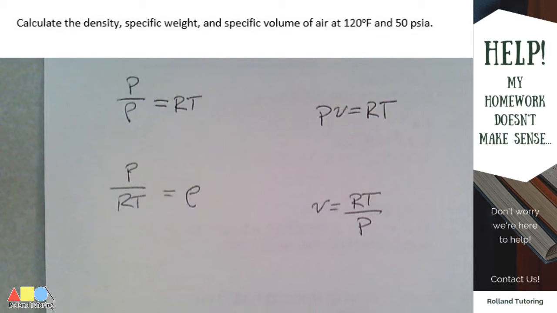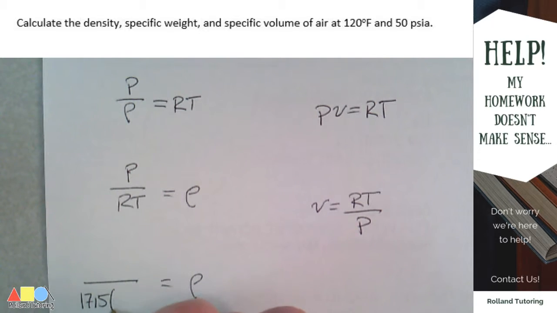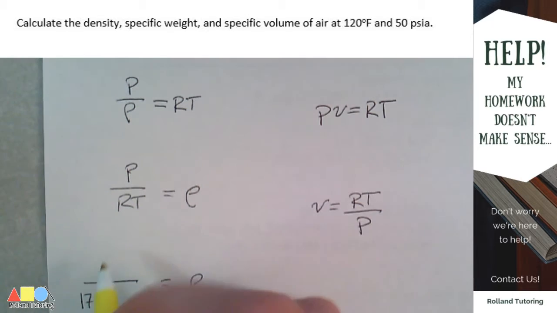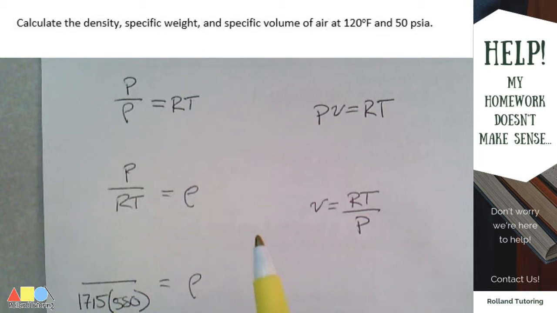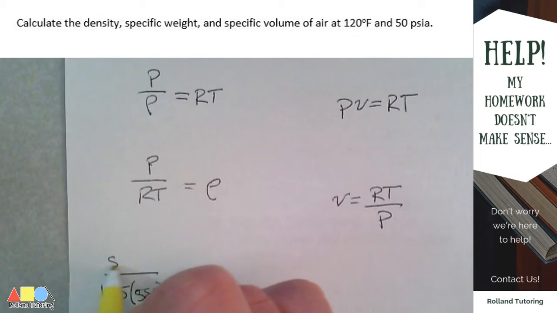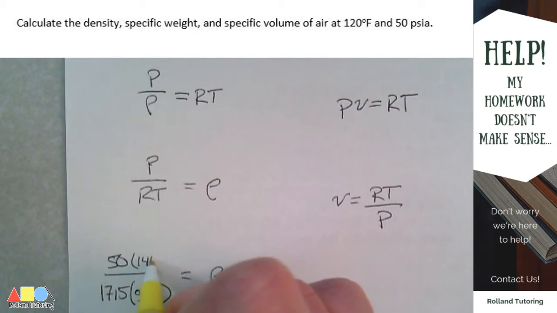So our R, again, will be this constant of 1715 times our temperature, which if we add that together should be 580. And our pressure, since our R values are listed in feet, we will need to convert our pressure back to feet again, which is why we do 50 times 144.